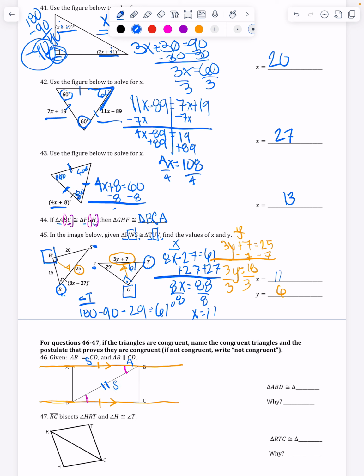So it's going to be side, angle, side, and now I need to find what matches with A. Well, A and C correspond, so it's going to be triangle C. And then it's B, okay, well, ABD is this triangle right here, and B matches with this angle down here, D, so D, and then I follow it up to my last letter, which is B.